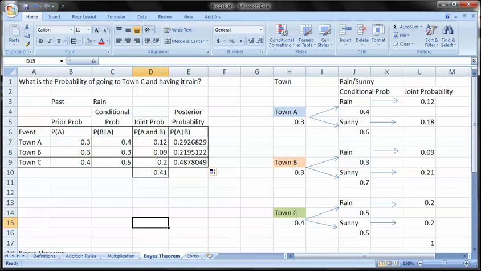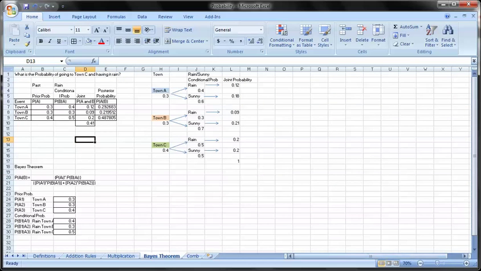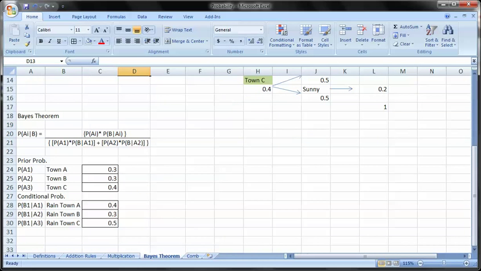Now, let's look at it from the perspective of Bayes' theorem. And as you can see, I've already made some of the numbers available in the data set. So probability of A times the conditional probability of that event happening. First set of probabilities, second set of probabilities.